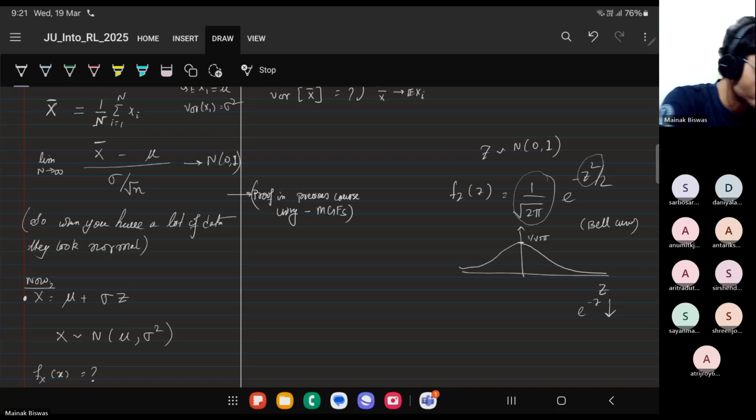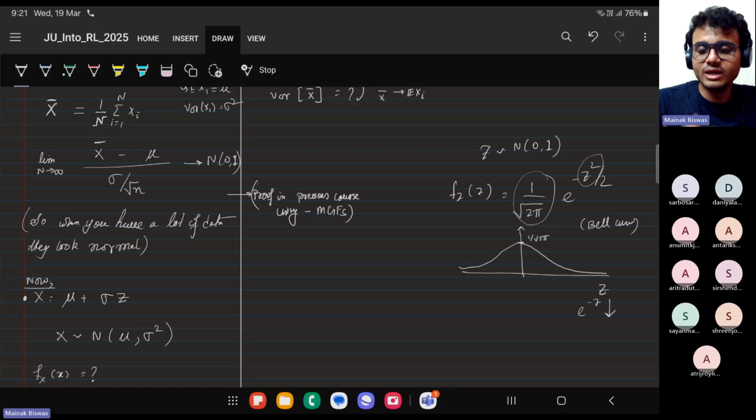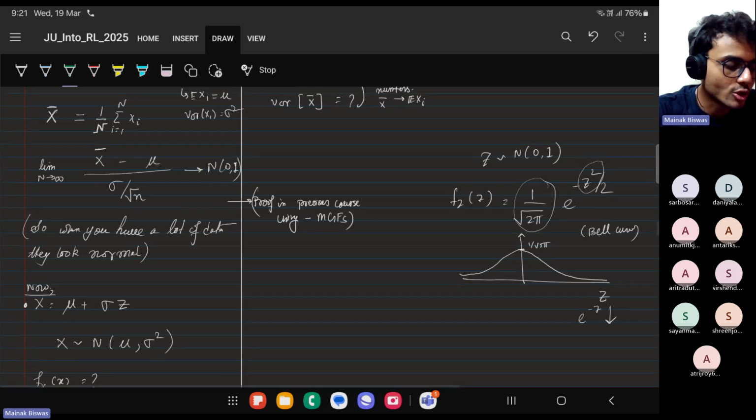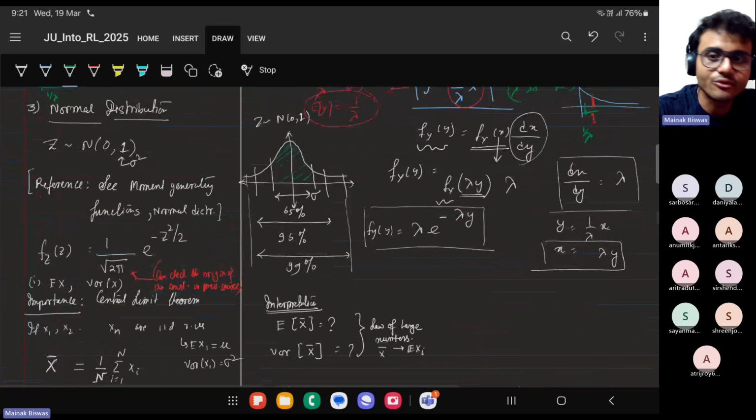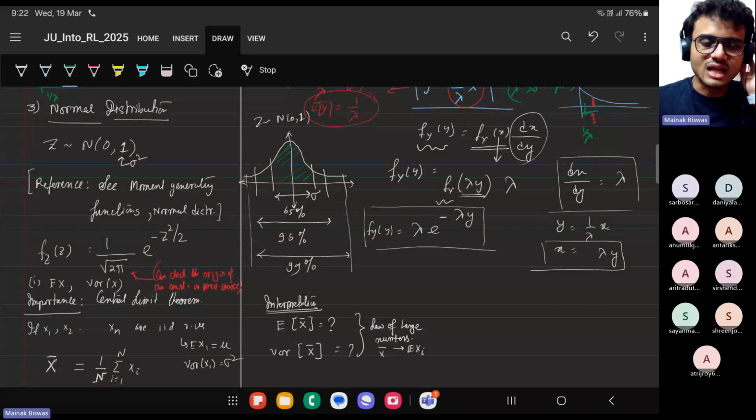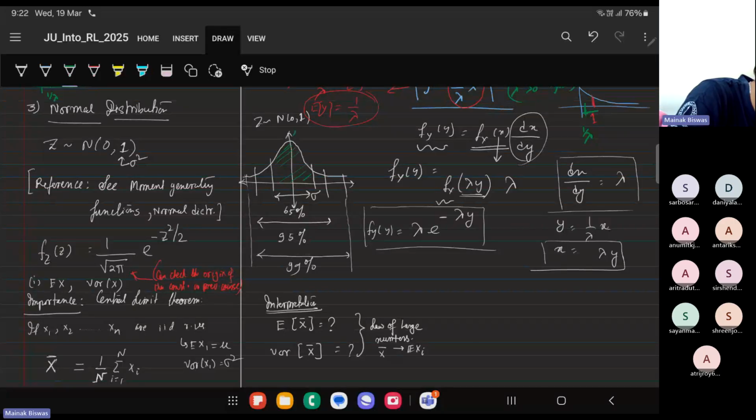So the question that we try to answer here is, why do we study this? This is the most important form of distribution in the entire statistics. Anything you're going to do is normal at the end of the day. So look at this graph that I have over here. Does this give you some idea of why it is important? Say this is the mean of the random variable.